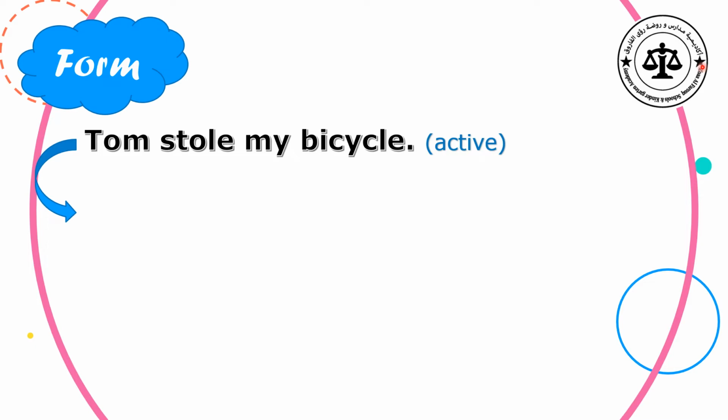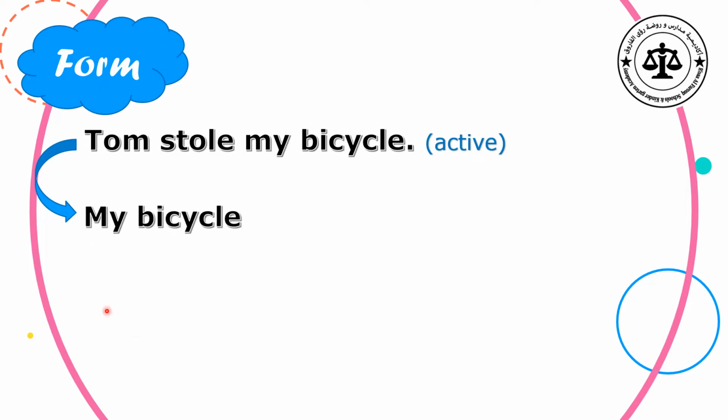At first, we should identify the subject, the verb, and the object in the active sentence. We said that Tom is the subject, stole verb 2, and my bicycle is object. Then we should use the object of the active sentence, اللي هي my bicycle, to become the subject of the passive sentence.